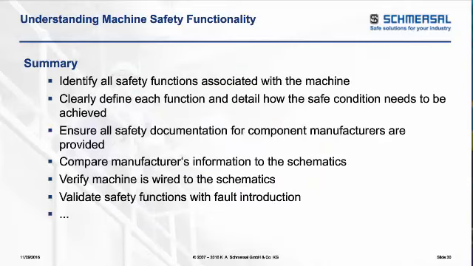Going through all that, what we really want to do is cover a summary of what we need to look at. We identify the safety functions associated with the machine, which we seem to be doing more and more today when we do our risk analysis. But you really need to clearly define each function and how the safe condition needs to be achieved on the machine.